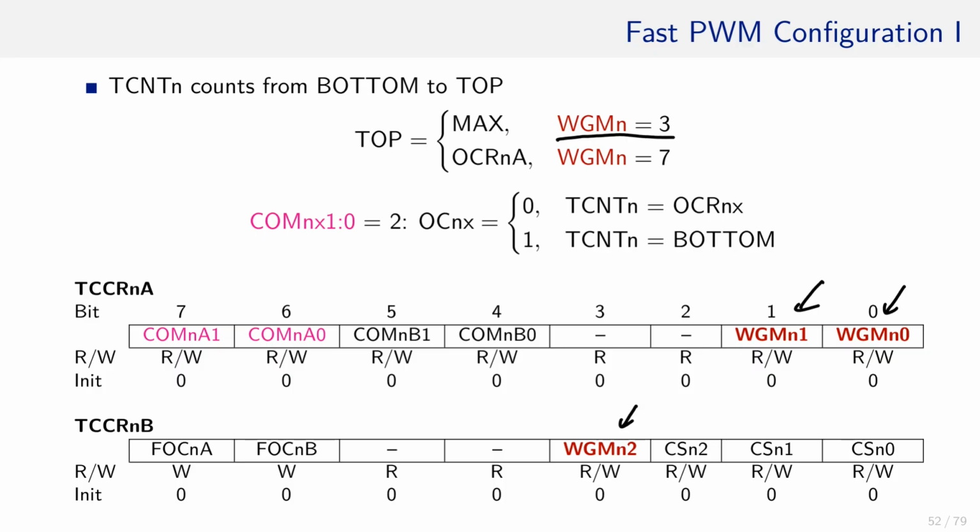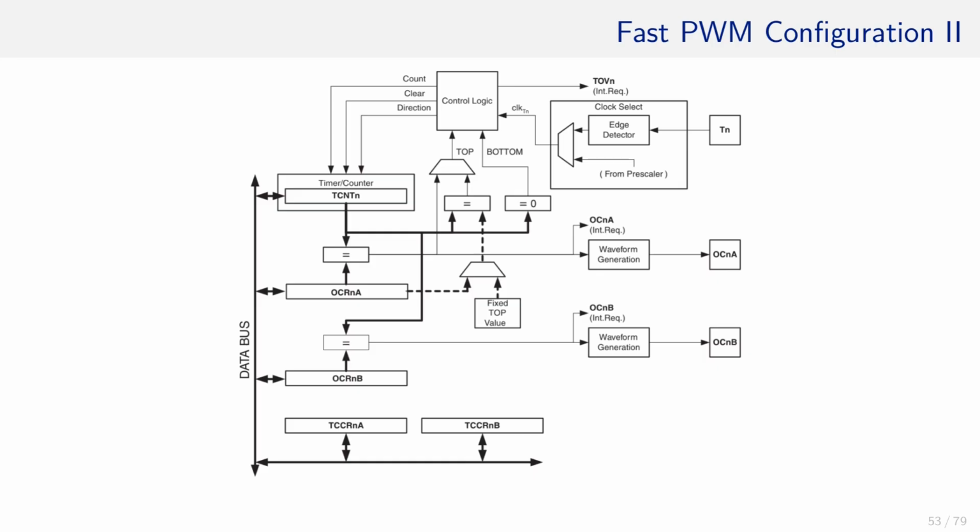That combines the CTC mode that we had earlier with PWM and allows not only to configure the duty cycle, but also the period. If the PWM is configured in that way, OCRnB needs to be used to create a signal with a duty cycle, as OCRnA is already used to reset the counter once it reaches the top value.